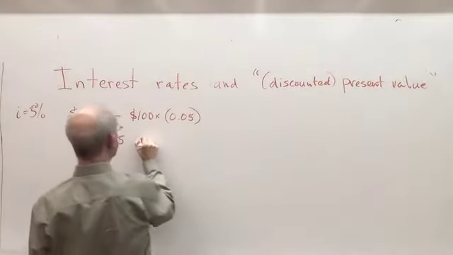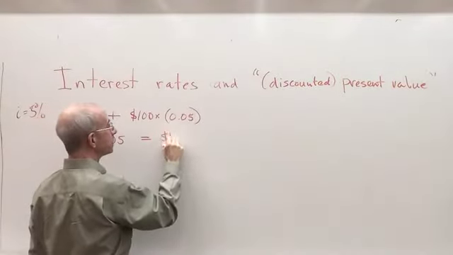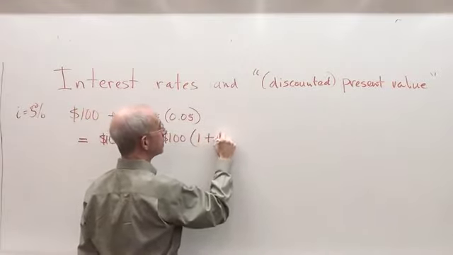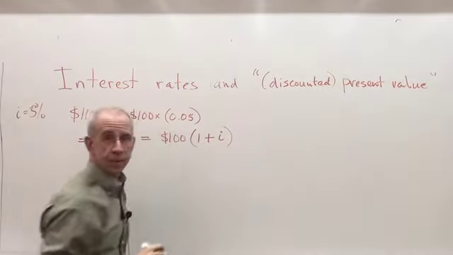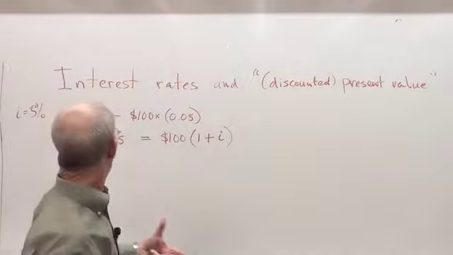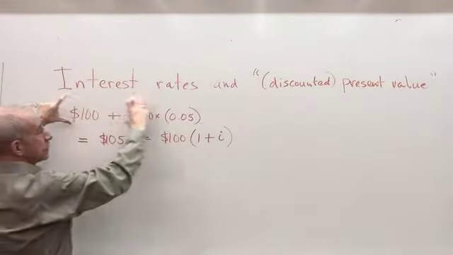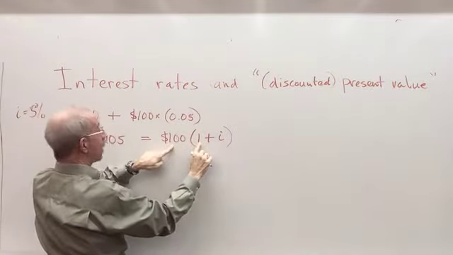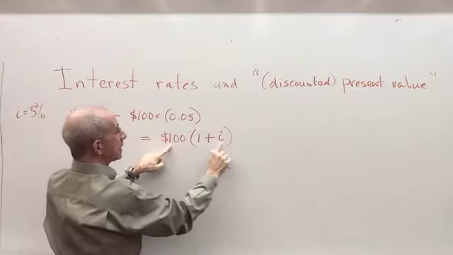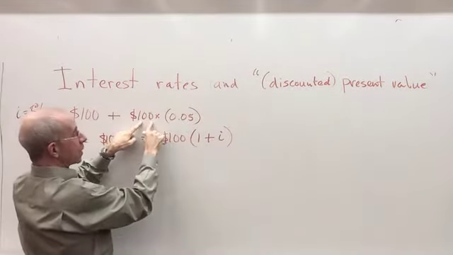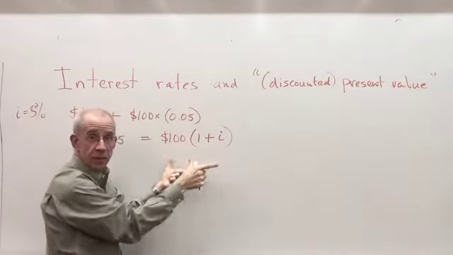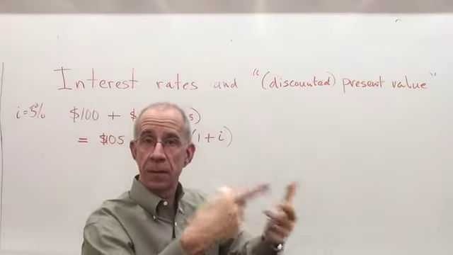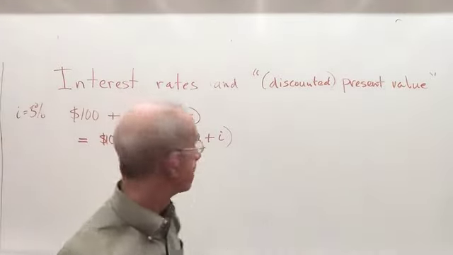Now, another way to write that is 100 multiplied times 1 plus the interest rate. And that's just the general way of writing what we did up here. This is going to be 100 multiplied times 1, that's the 100, plus the interest rate multiplied times 100. This expression gives us how much that $100 will be worth in a year if we invest it at 5%.